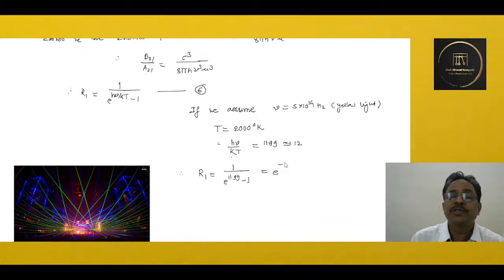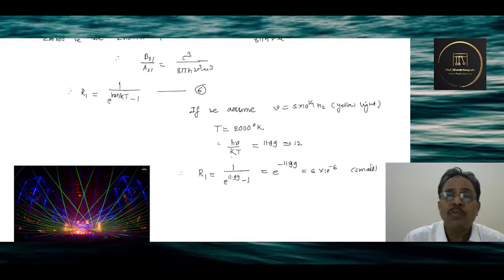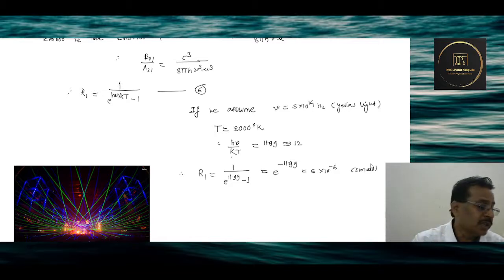Approximately it comes to be e raised to minus 11.99, and if it is calculated, it comes to be 6 into 10 raised to minus 6. This is very small. This ratio of stimulated emission to spontaneous emission is found to be very small, and therefore laser action is usually not possible for such optical or visible radiations, when it is yellow or that type of radiation.